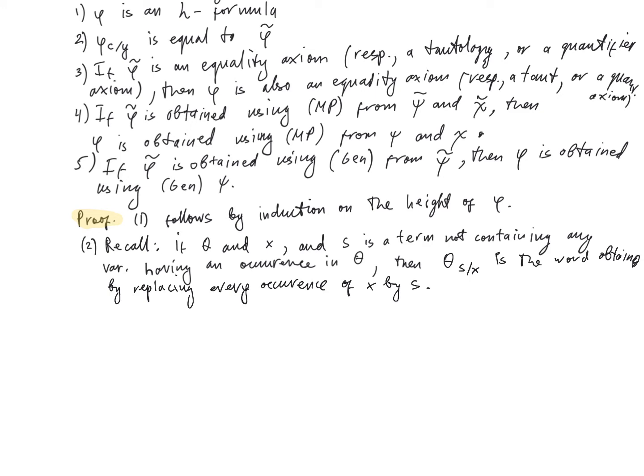Hence, in claim 2, our term is the constant symbol c, and our variable is y, and we substitute in c instead of y in phi. And applying this remark, we obtain the word in which every occurrence of y is replaced by the constant symbol c, which is exactly the original formula phi tilde.